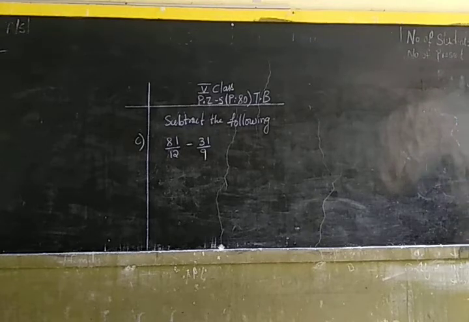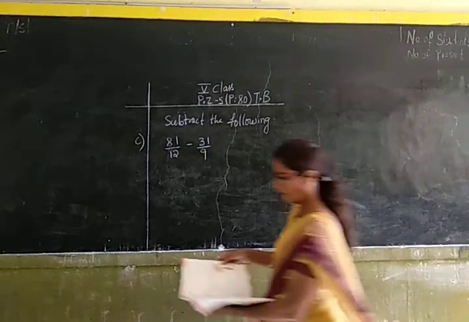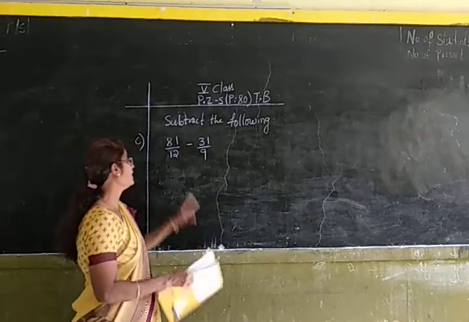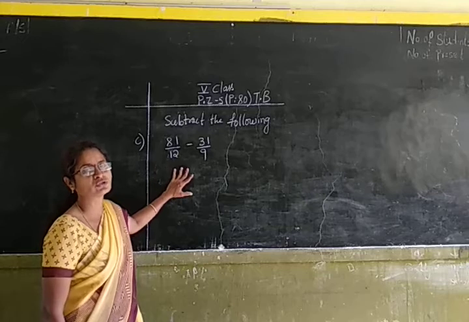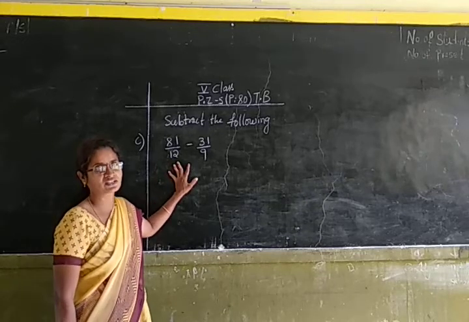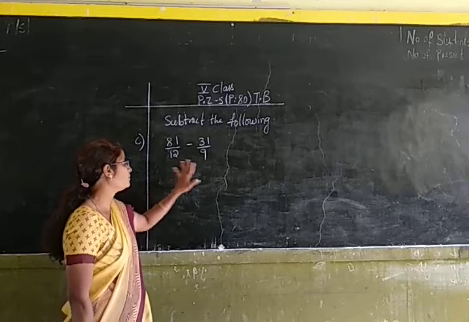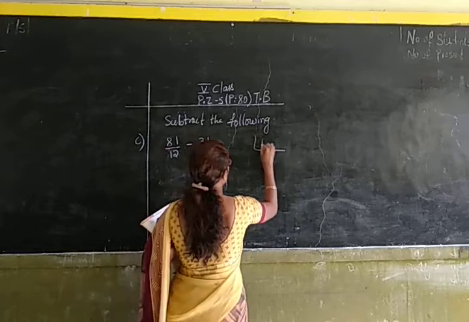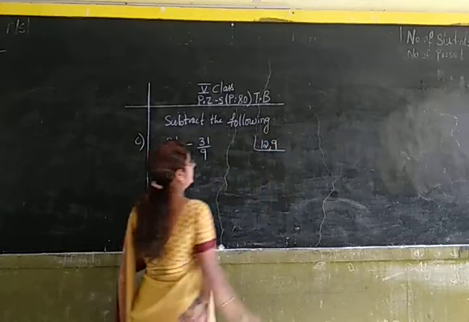These are unlike fractions. Now we have to change them into like fractions. For changing these numbers into like fractions, we have to find out the LCM of 12 and 9.